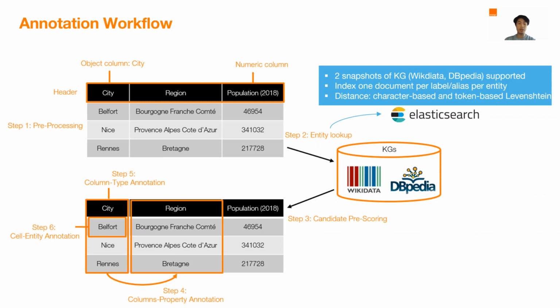We use Elasticsearch to index the canonical graph, associated with Levenshtein distance, shared byte and token byte. Next step, the pre-scoring flexibly evaluates each candidate with a confidence score considering multiple factors. Finally, 3 annotation tasks, CEA, CTA, CPA, are carried out using entity score and majority voting.